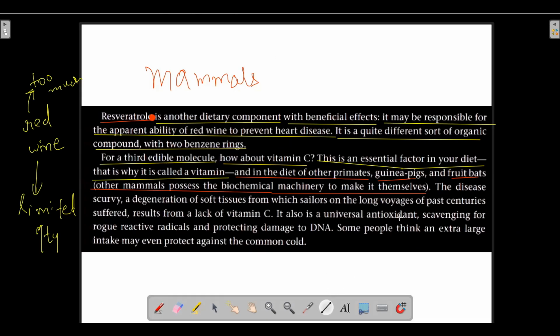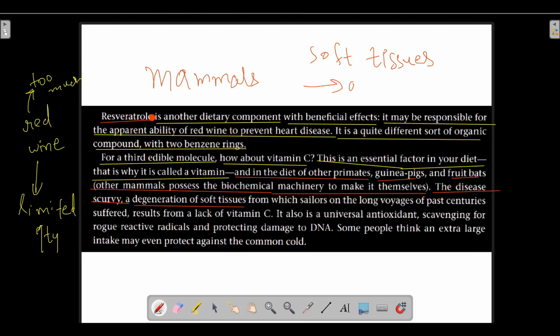The disease is scurvy, a degeneration of soft tissues. Soft tissues means soft groups of cells in the human body.